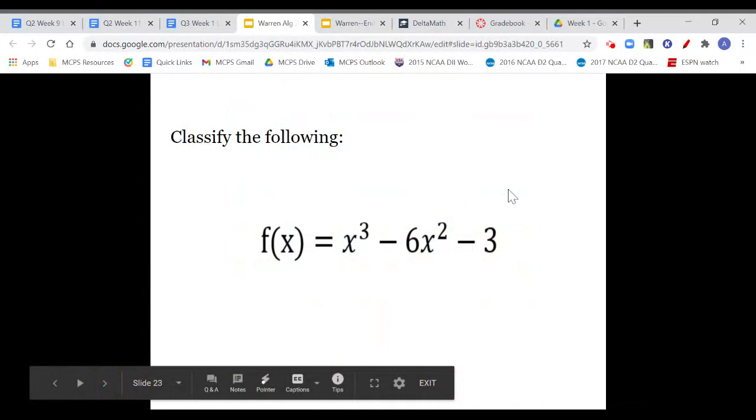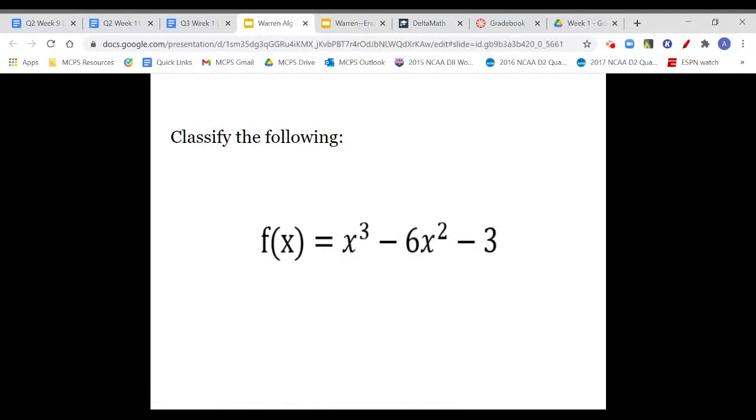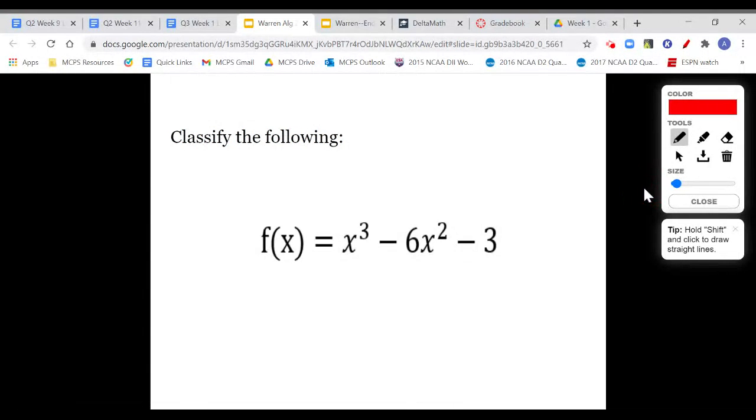So we are going to classify this. We can now classify it both by degree and number of terms. So I'm going to start with the degree. So I'm looking for what is the highest exponent. And I'm looking, and the highest exponent is 3. That indicates to me that this is a cubic function. Okay. But I can also classify by the number of terms. So I have 3 terms, 1, 2, 3.